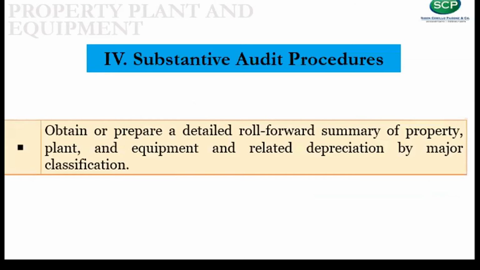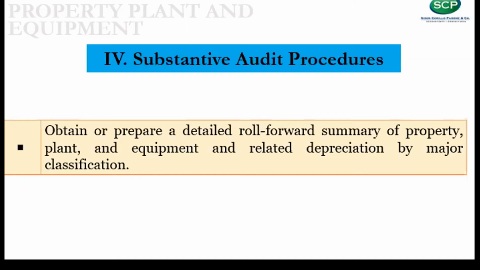The first step we will discuss in auditing fixed assets is to obtain or prepare a detailed roll-forward summary of the cost of property, plant, and equipment and related accumulated depreciation by major classification. Please note that this is not necessarily the first audit procedure that we do for fixed assets.